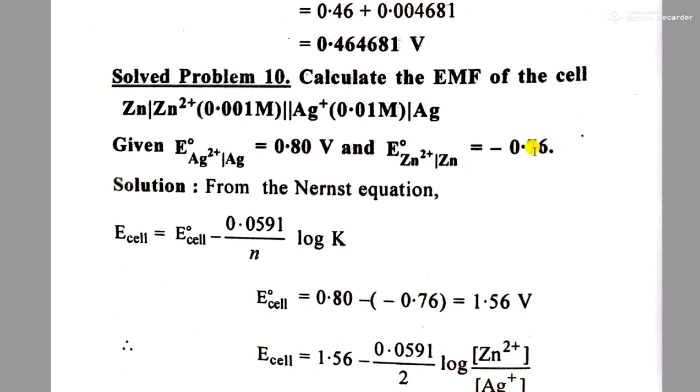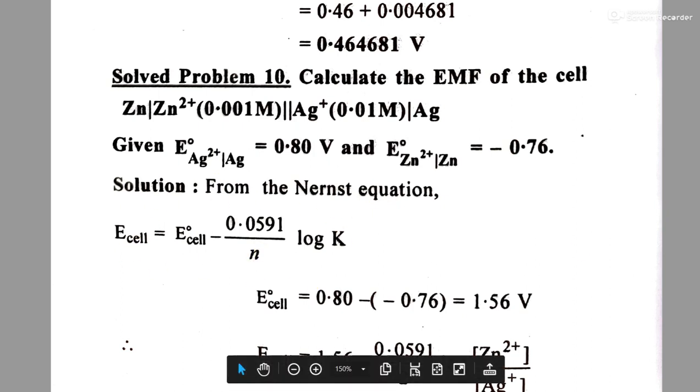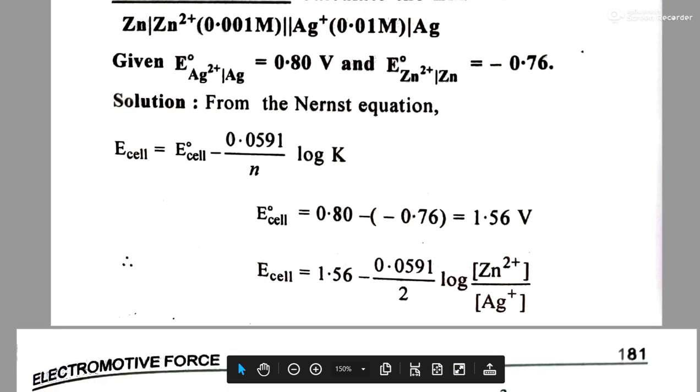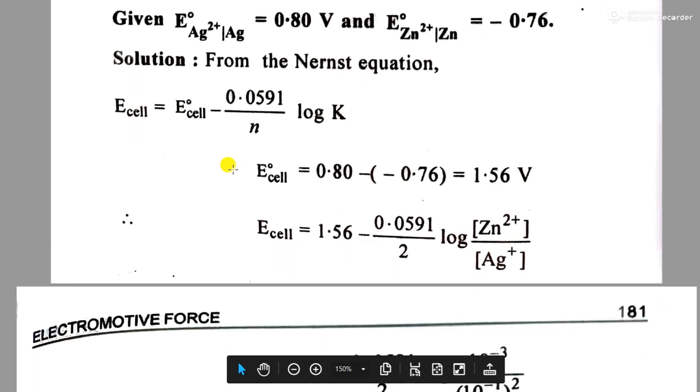So you have to calculate the EMF of the cell from all these values. So here take the Nernst equation and you can give all the values here in the equation.